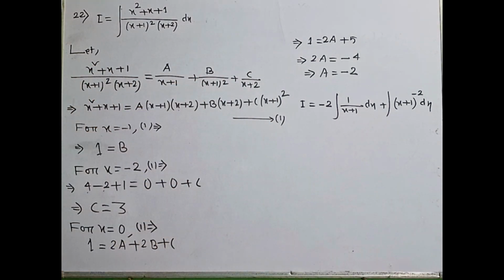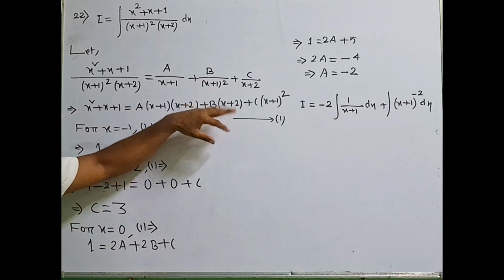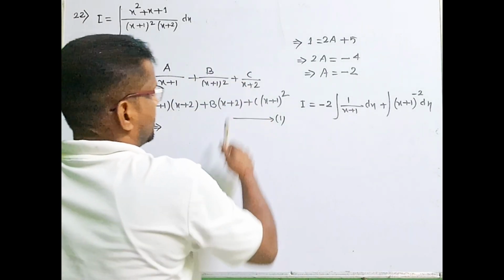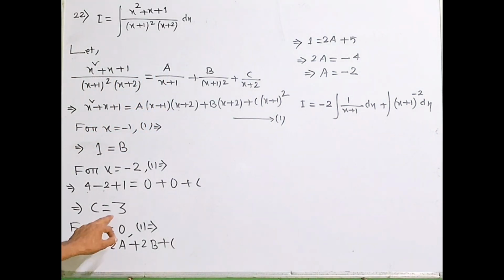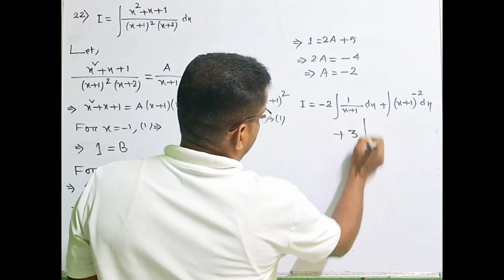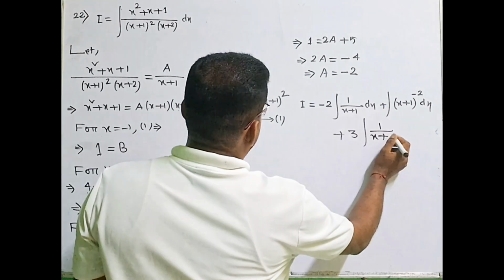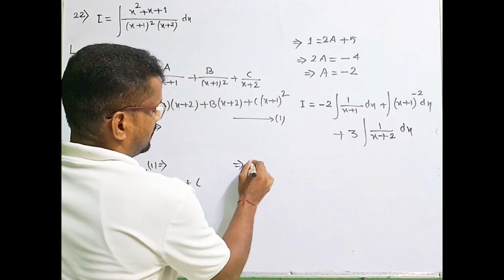And C by x + 2, C is 3, so plus 3 times integration of 1 by x + 2 dx.